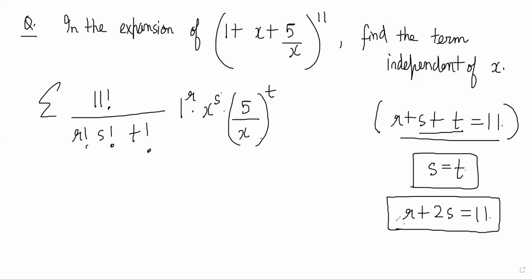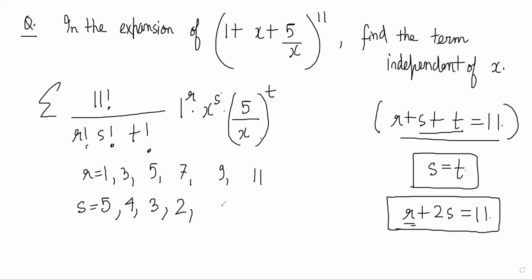So you have to start with r as 1 and 2s will be 10, so s is 5, right? Yeah. All the odd numbers for r you have to check, right? r can be 1, 3, 5, 7, 9, 11, right? And in those cases, s values will come 5, and then you'll get 4, 3, 2, 1, 0, right? Yeah. Basically, these 6 different terms will come.